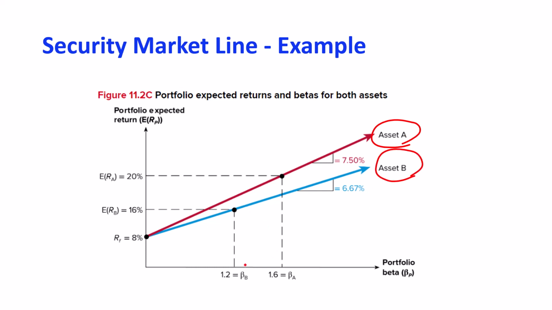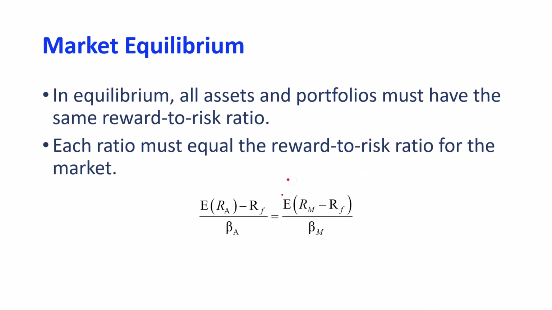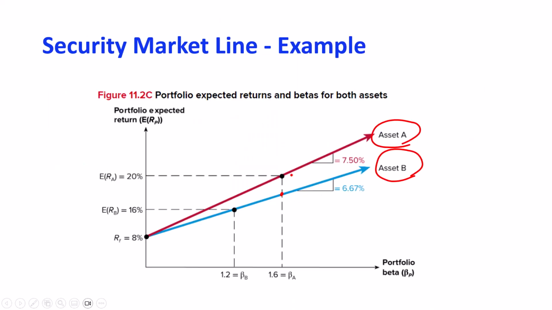For any level of systematic risk, so let's say if the beta is 1.6, asset B's expected return is less than asset A's expected return. So however you look at this, asset A is outperforming asset B.